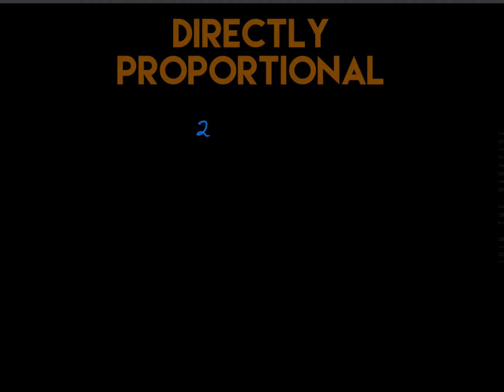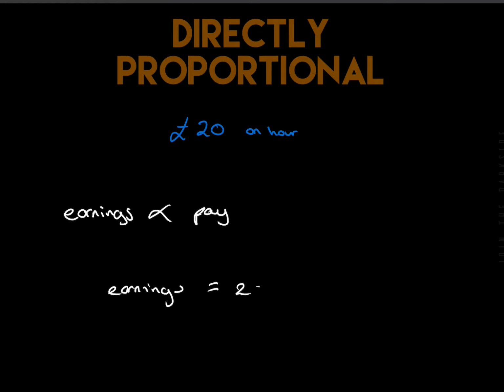In our equation, earnings is directly proportional to hours worked, so our equation would be earnings is equal to 20 times hours worked. So our constant of proportionality would be our 20.